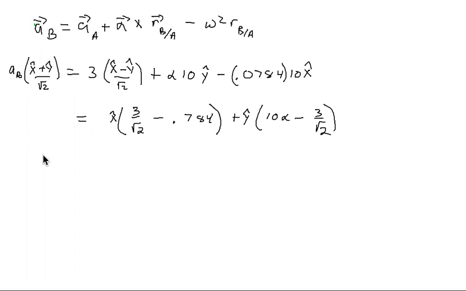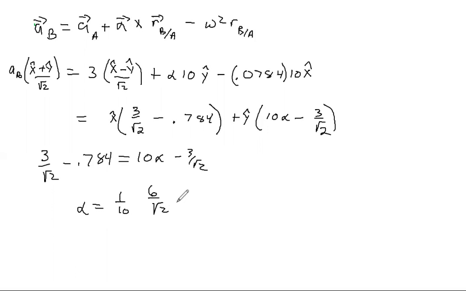So I could rewrite that to say 3 over root 2 minus 0.784 must equal 10 alpha minus 3 over root 2. Turn that around, you can say alpha equals 1/10 of 6 over root 2 minus 0.784 in parentheses. If I type all that in, I get 0.1 times 6 divided by 2.